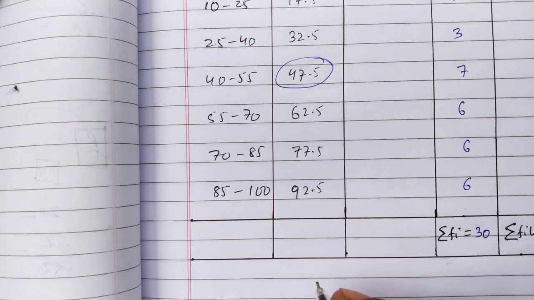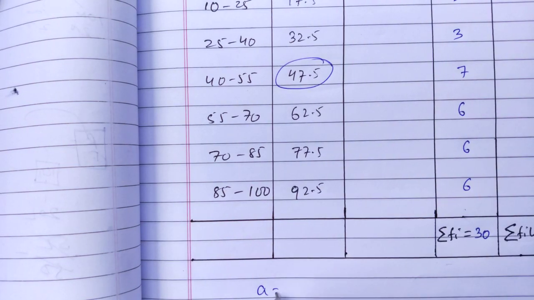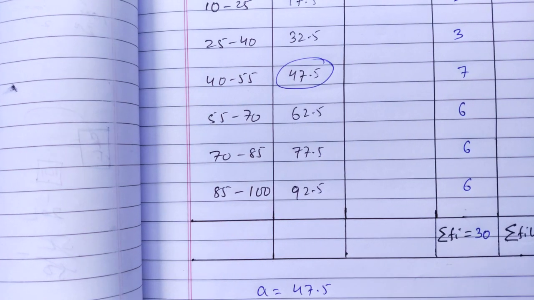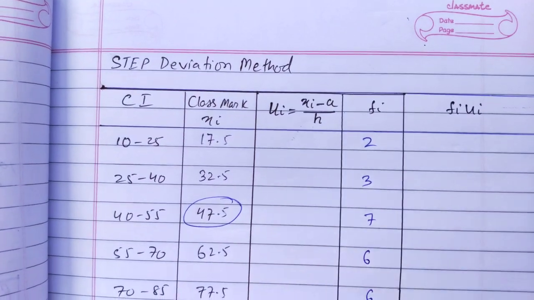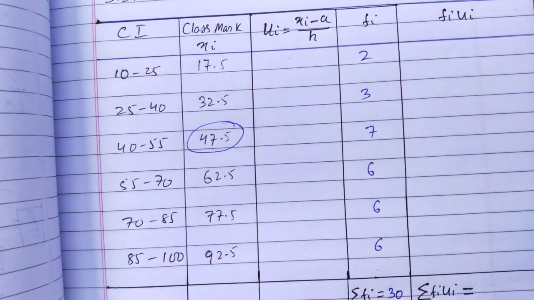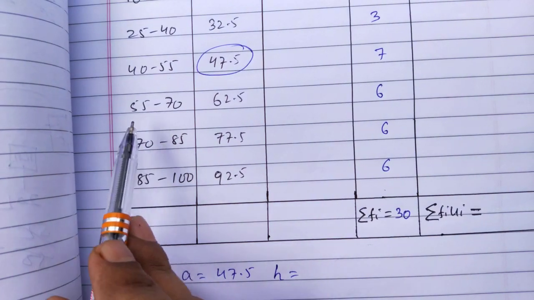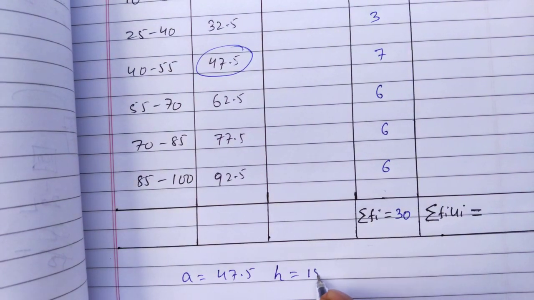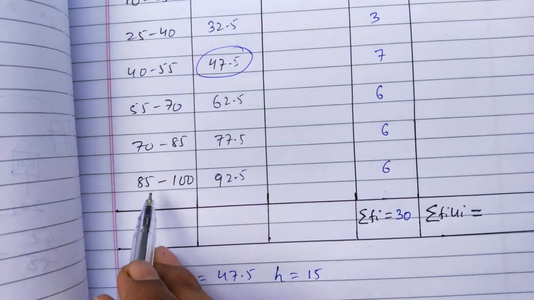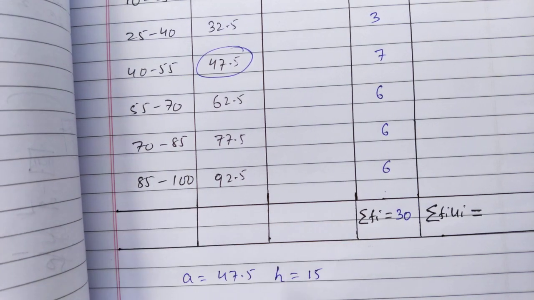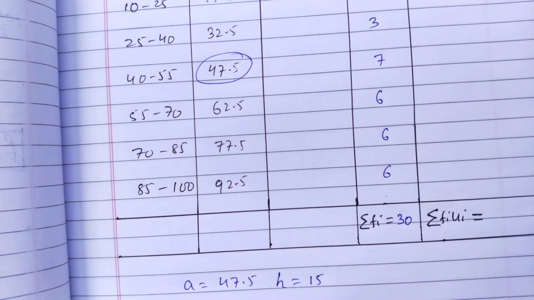So I'm writing A equal to 47.5. Now what is h? H means the class size. Okay, so the class size, if you see, is 15. 85 to 100, difference 15; 70 to 85. So h is the class size.